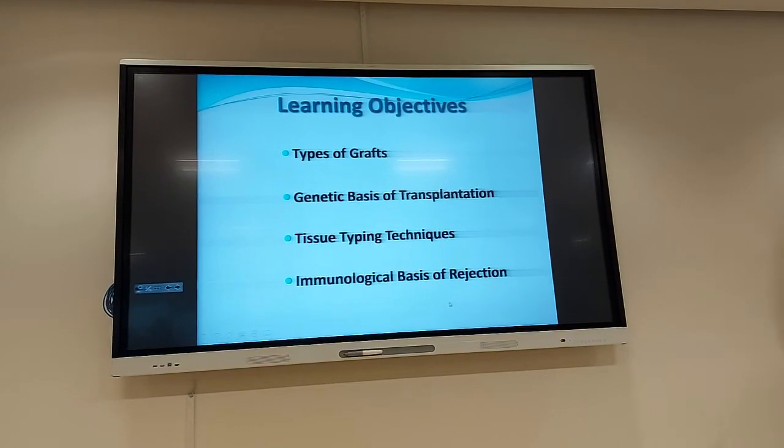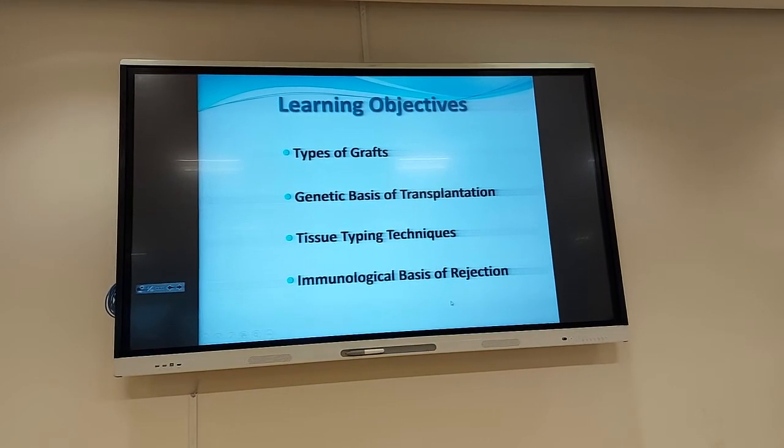I'll tell you about the different types of grafts or transplantations that are done, to describe what is the basis of acceptance or rejection of an organ graft.